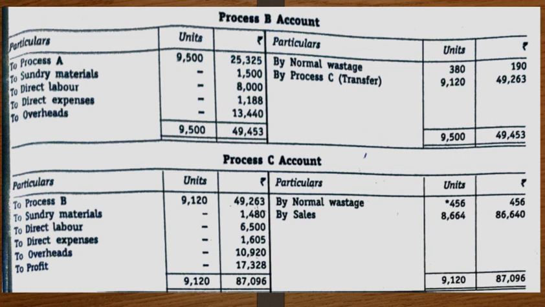Now if you add up 49,263 plus 1,480 plus 6,500 plus 1,605 plus 10,000 plus 10,920, you will be getting 69,768. So you will have a difference here. What is that difference? 69,768 is the total of the input side of your process C, where your profit will not be considered.